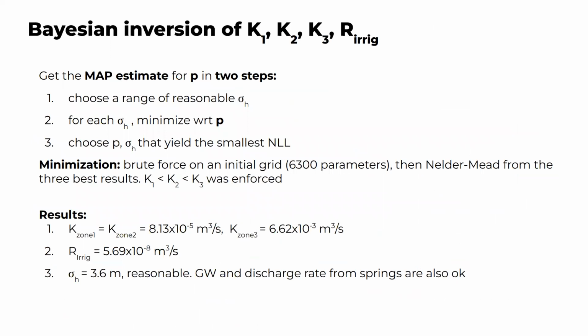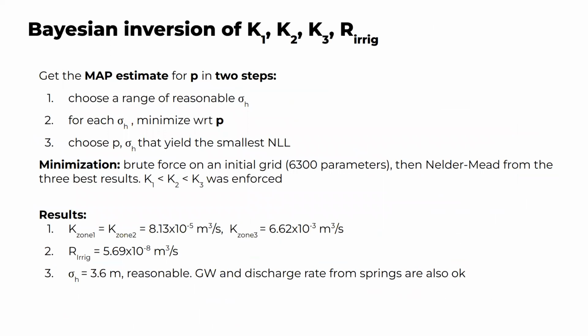Let me think. So first of all, yes. So what we did is we sampled those 4 parameters. We sampled them into 20 values for K1, 20 values for K3, 10 values for K2 because this is less influential, maybe 20 values for irrigation. We get a Cartesian grid. We evaluate the NLL in those 6,300 points.